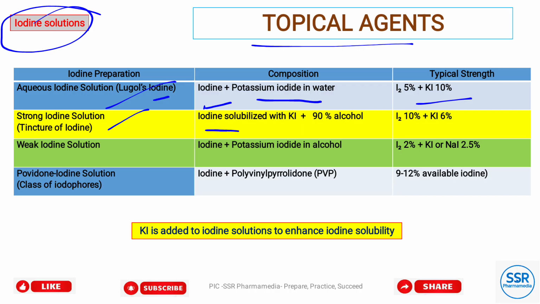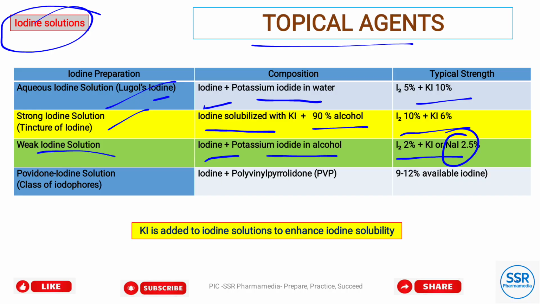Here also iodine is combined with potassium iodide and 90% alcohol. So this is the strength of the iodine and potassium iodide. Weak iodine solution, iodine and potassium iodide in alcohol. These are all the strengths of the iodine and potassium iodide, or instead of potassium iodide we may use sodium iodide also.